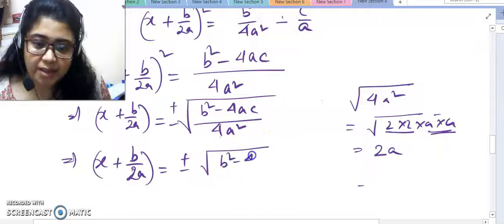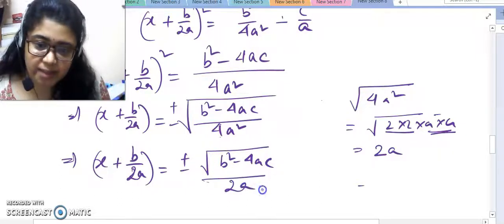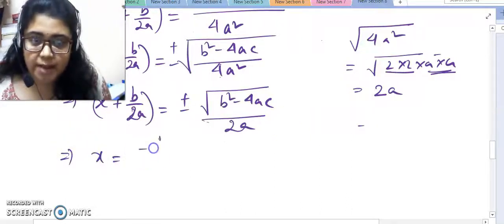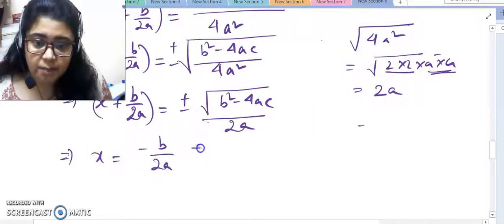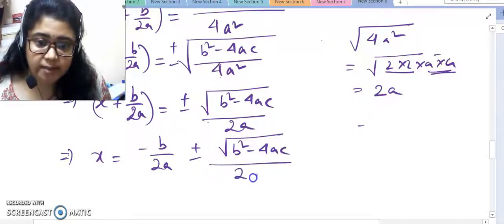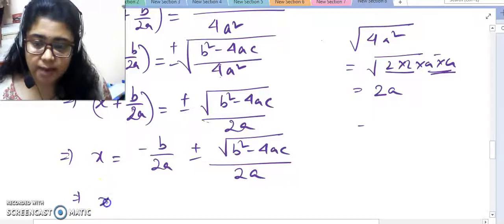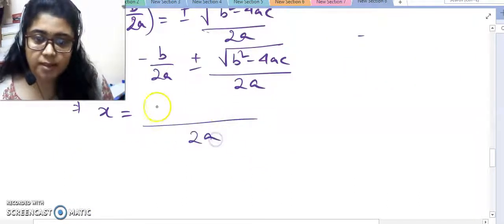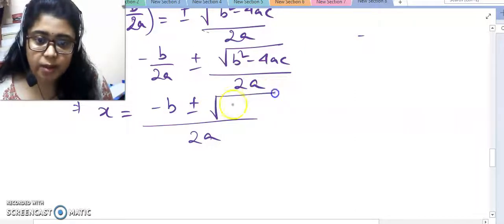Root of b square minus 4ac by twice a. Okay. Now x is equal to minus b by twice a plus minus square root of b square minus 4ac by twice a. So x is equal to minus b plus minus square root of b square minus 4ac, all over twice a.